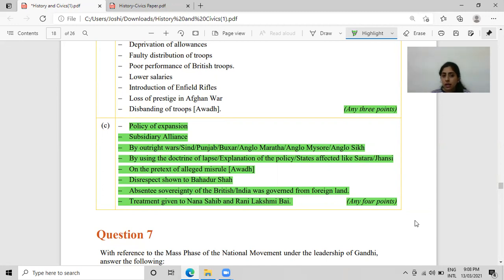So students, in this section, they have given 3 or 4 causes as per the marks allotted. Make sure to mention these causes as well as explain them in one line. This is how you are going to write down your long answer for history section.